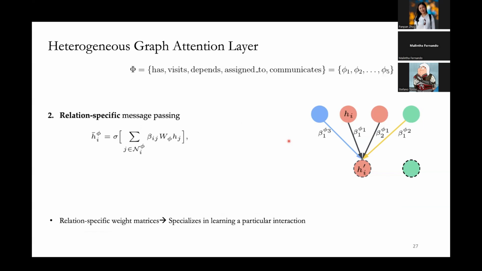We cannot use the same projection matrix across all the relationships because they can have different size feature vectors. In this case, we use a relationship-specific weight matrix, so the W phi is specific to a certain relationship. The good thing about this type of graph neural network is it does not matter how big your input graph is; as long as it is an instance of the same meta graph that you trained your neural network on, it will generalize.